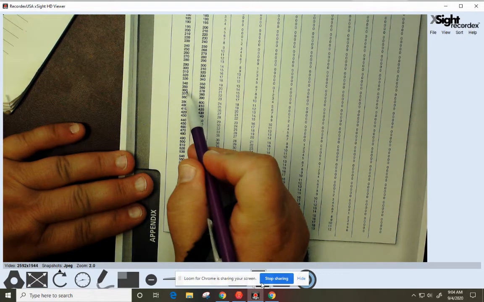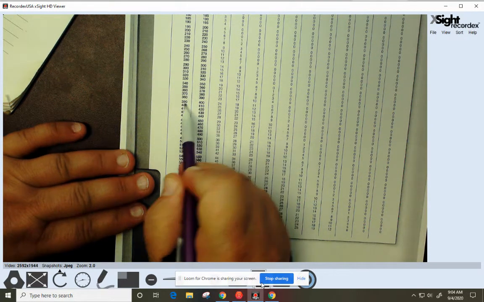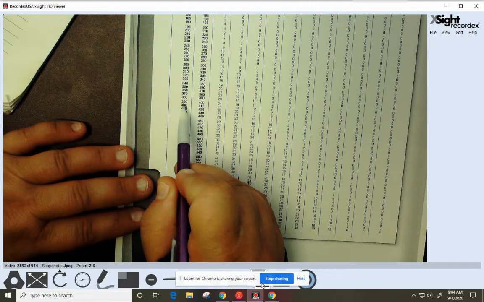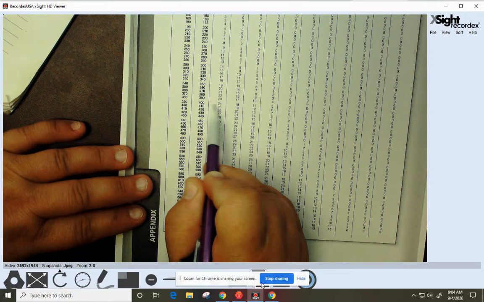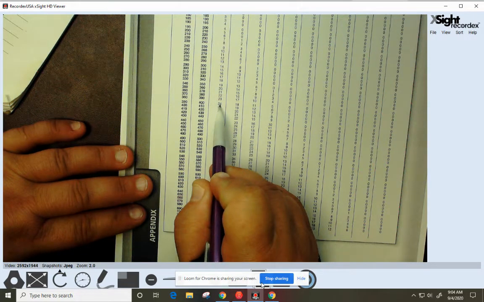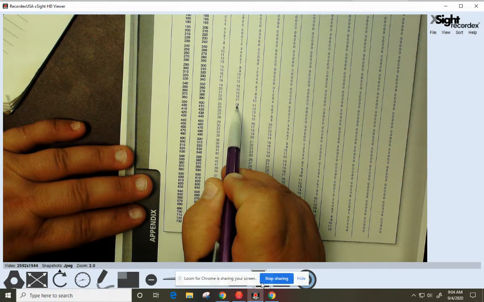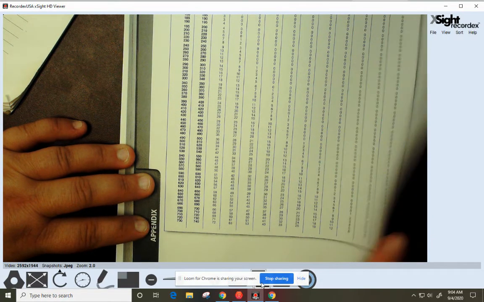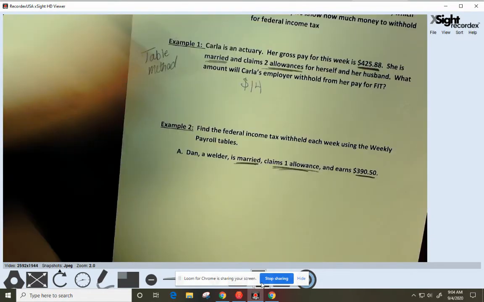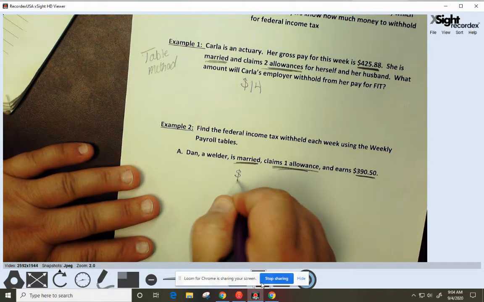Okay, so I'm coming down through here. $390.50 falls between $390 and $400. Here's no allowances, but they said they had 1, so they will be taking out $18 for their tax.